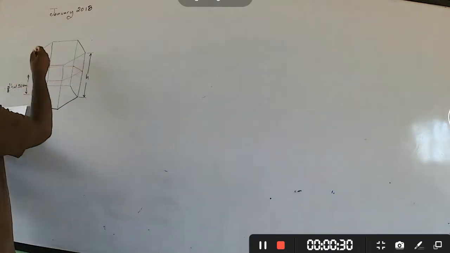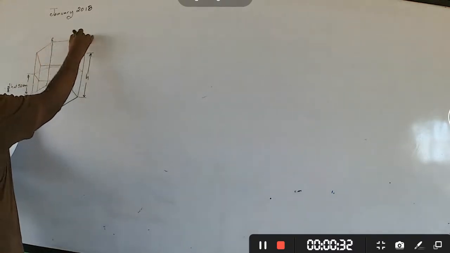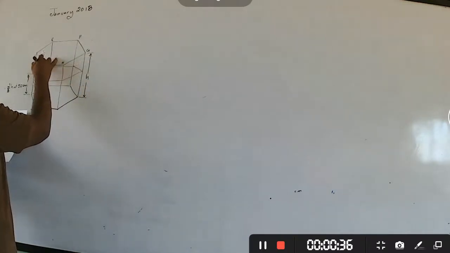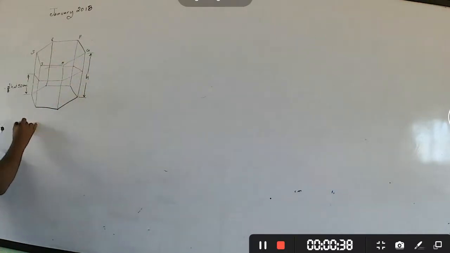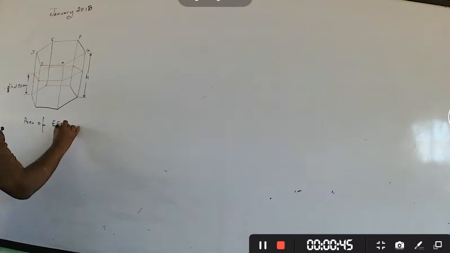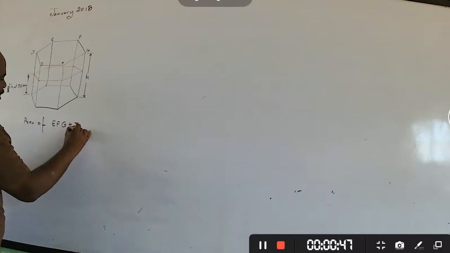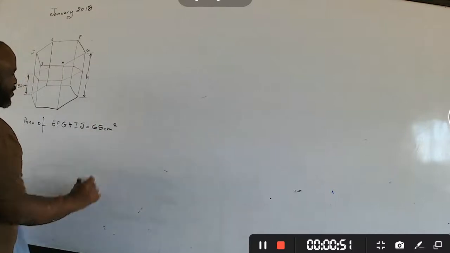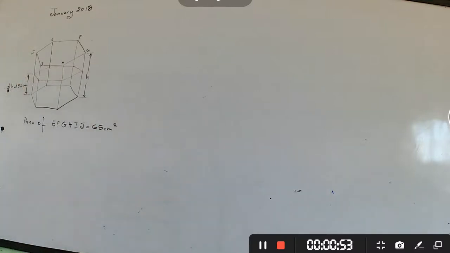So this is E, F, G, H, I, J. The area of EFGHIJ is 65 centimeters squared. Please listen.